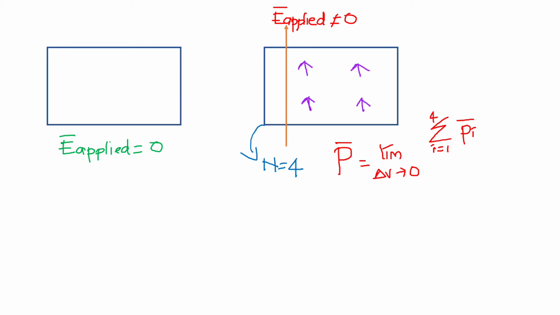This is based on this scenario, because now n is equal to 4, so I write it as 4. Then we divide by delta V. And this new vector is known as the polarization vector.